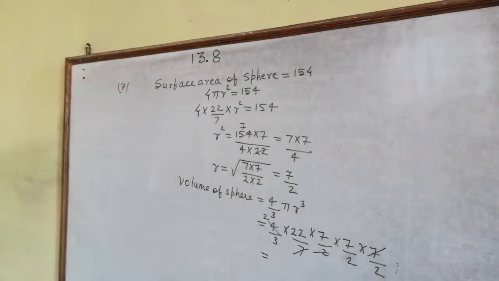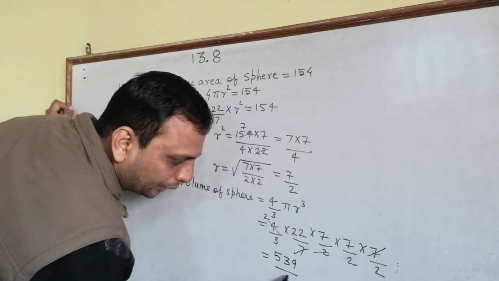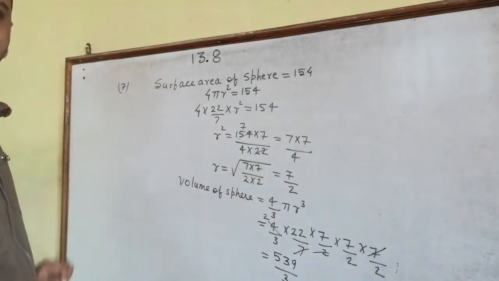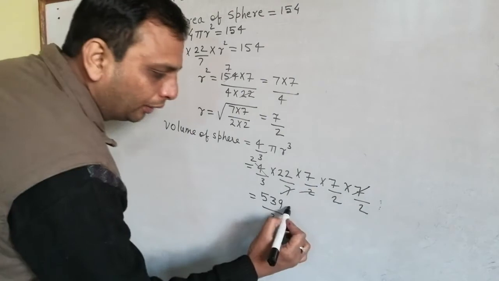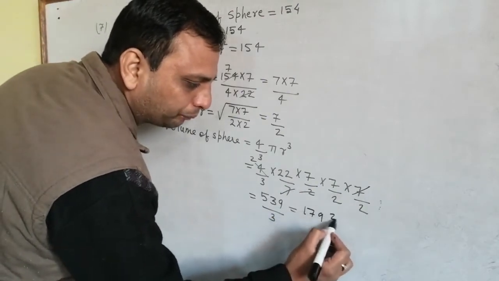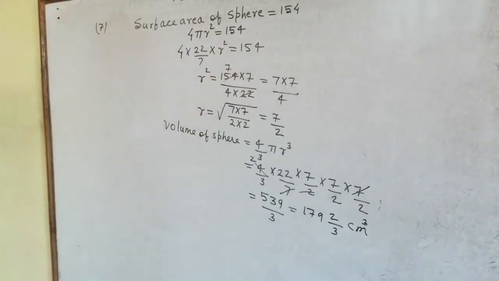Now nothing we can cancel. 44 into 49 upon 12 centimeter cube. So on calculation we will get 539 upon 3. I already told you, if we get such an answer, 539 upon 3, we can convert it in the form of a mixed fraction or in the form of decimals. Anything you can write. 179 2 upon 3 centimeter cube is the answer for this question. So this completes question number 7.